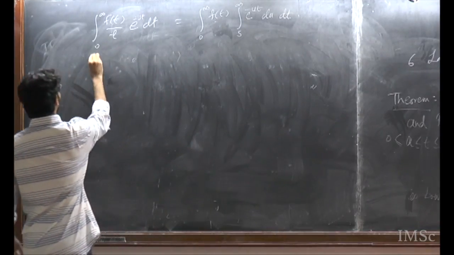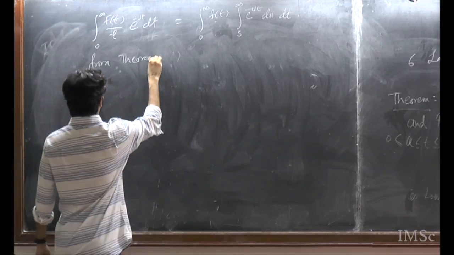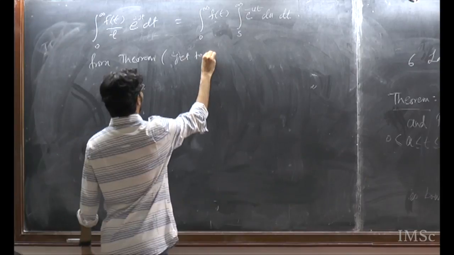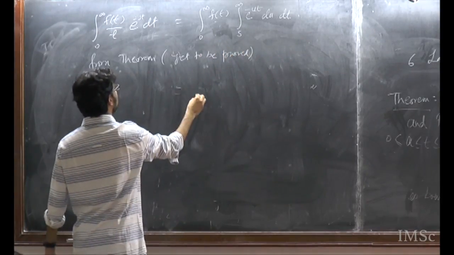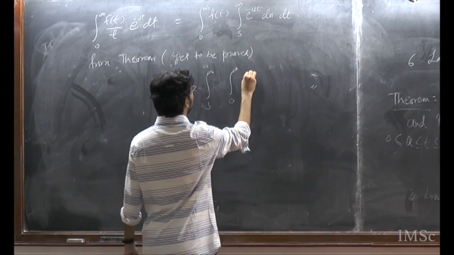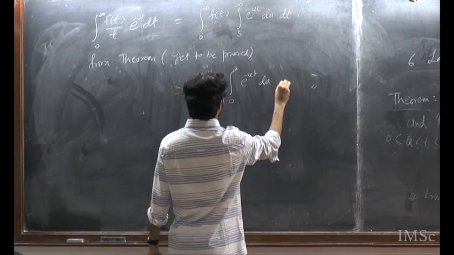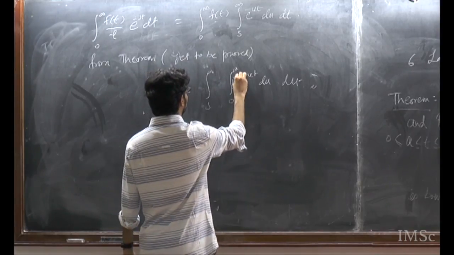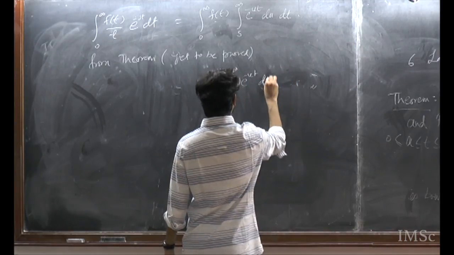So from the theorem, this part is yet to be proved. This is equal to the integral 0 to infinity of f(t) times the integral of e to the minus ut du dt, and you put du dt here and du here.